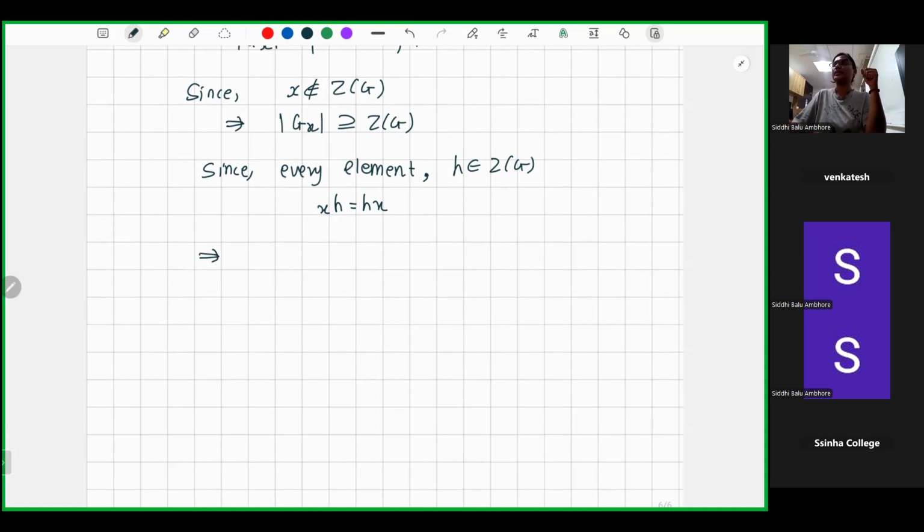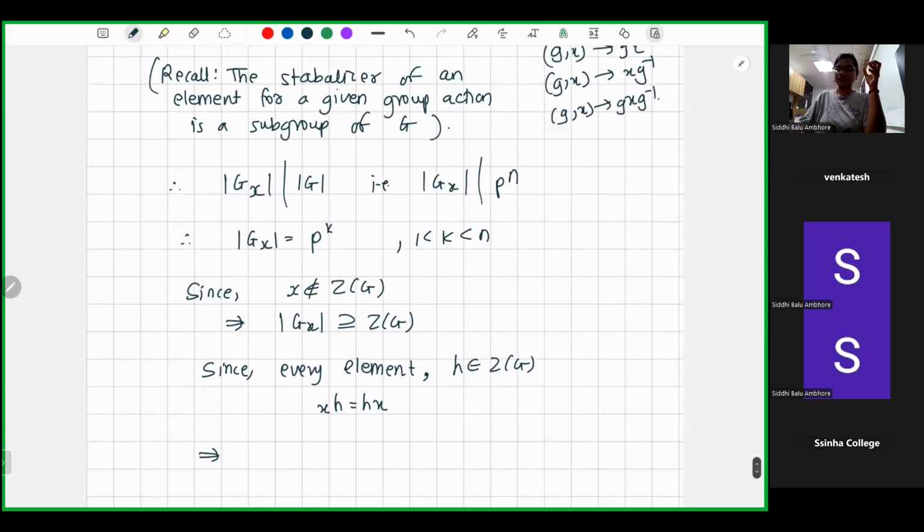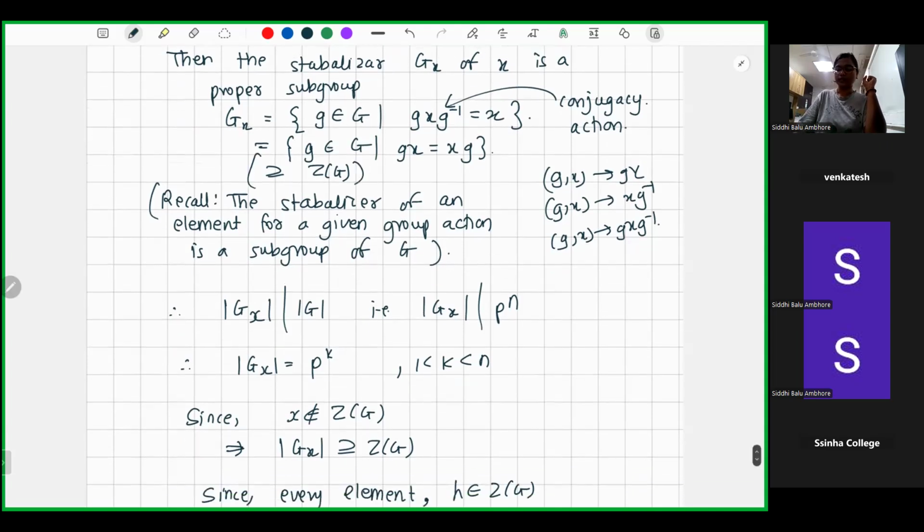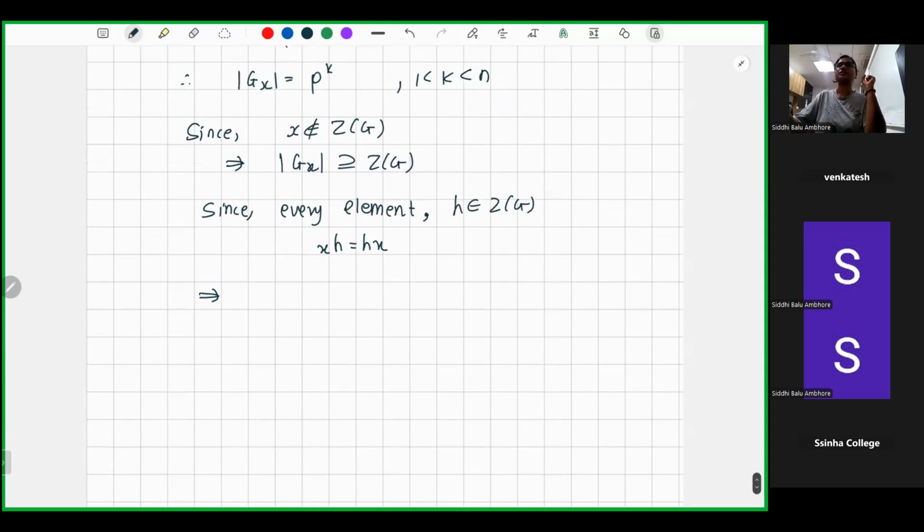I hope you understand this, because whatever elements are there in Z(G), they definitely commute with this x here. So this always contains Z(G). These are the collection of all g's such that they commute with this x, and Z(G) is a set which commutes with every other element of the group. And since x does not belong to Z(G), this is a proper containment.